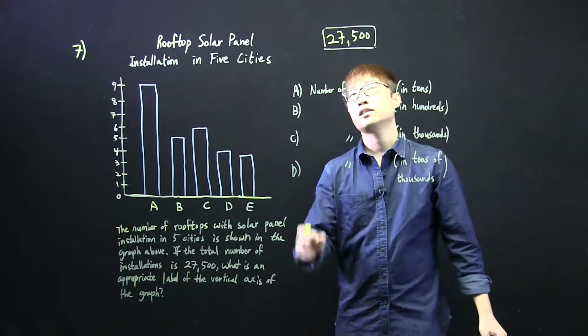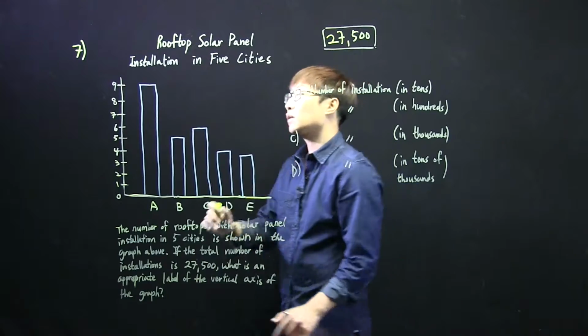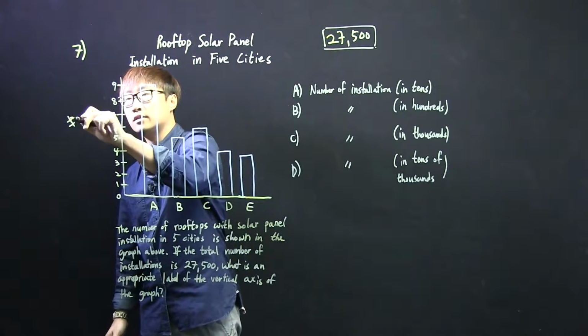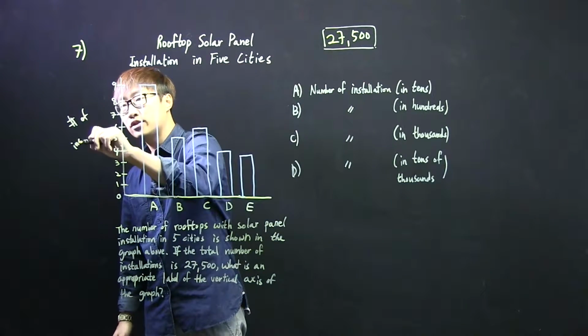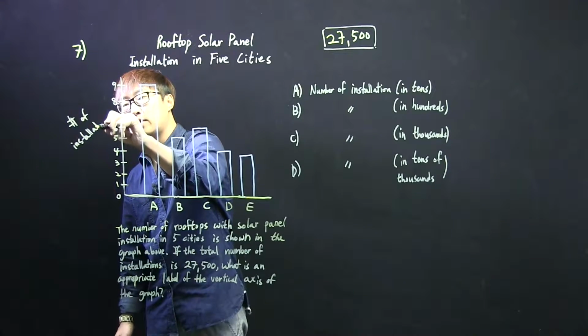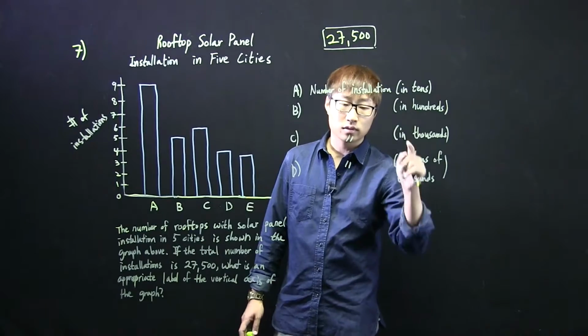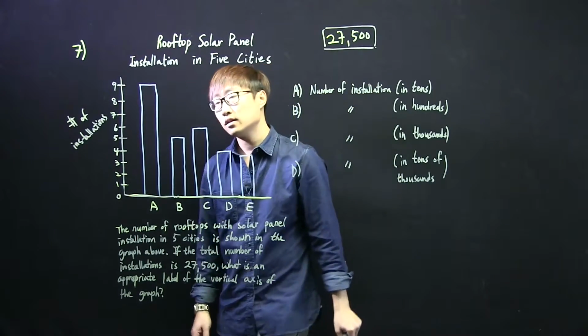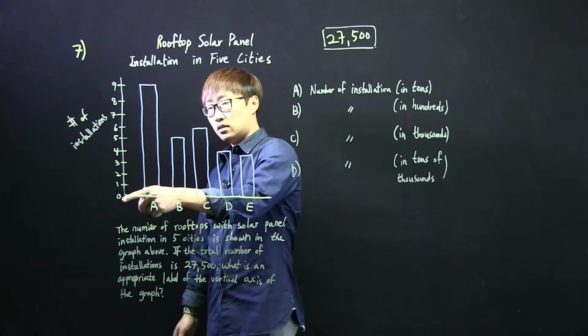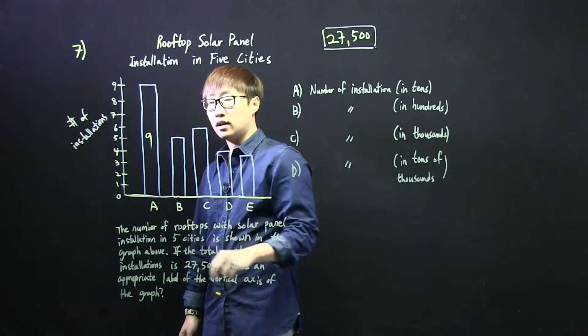If I look at the choices, it all says number of installations. So I would assume that here is number of installations. I just need to know in what unit though, right? Either tens, hundreds, thousands, or tens of thousands. So let's take a look. A's got 9, so I'll just mark 9.